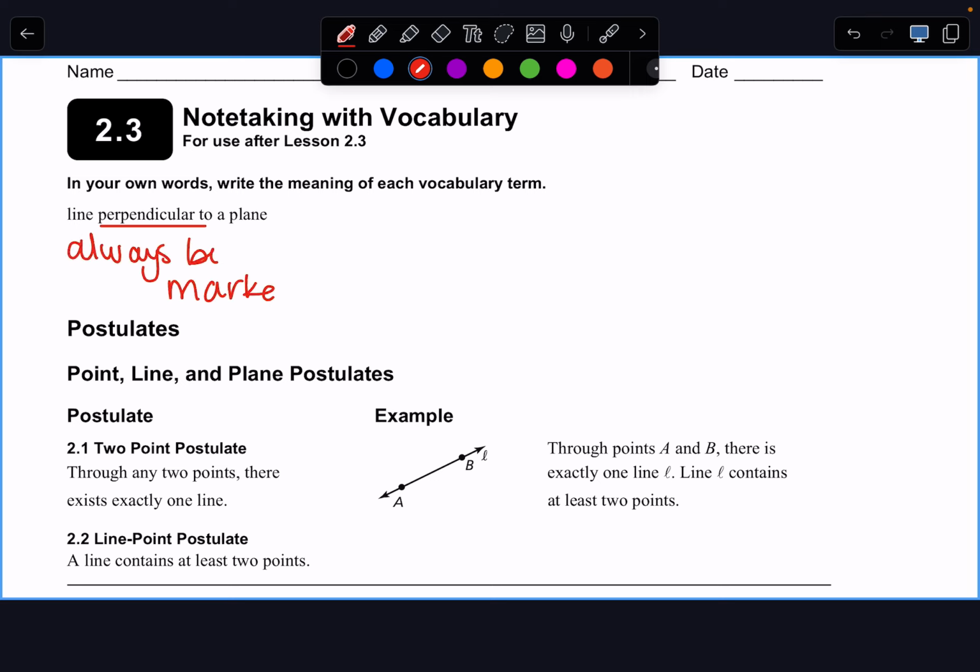And what it's going to look like, you remember when we did chapter 1, if we had a line going through we would see dotted behind. So if we have a perpendicular line to the plane, it's going to be marked with that right angle sign. So do your best to draw this picture.